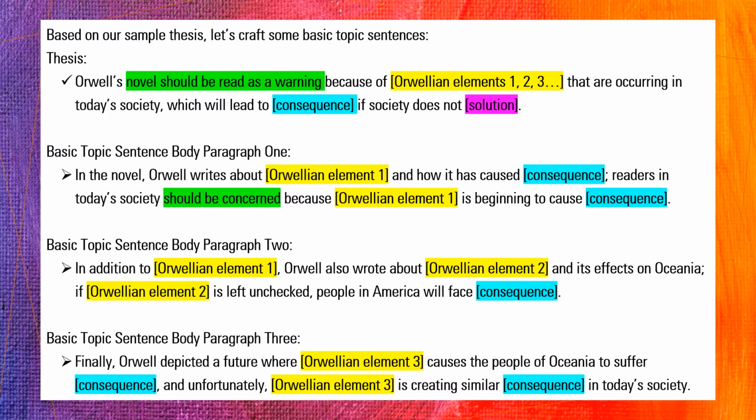So again, my sentence structure is slightly different, so I'm not being repetitive, and I've introduced the third element that I'm going to talk about in this body paragraph, as well as what it caused in the novel and what it's causing in today's society. So you can see that all three of the sample topic sentences that I created answer my thesis, they maintain focus, and they move the essay forward with my argument that there should be concern and that the novel should be read as a warning.